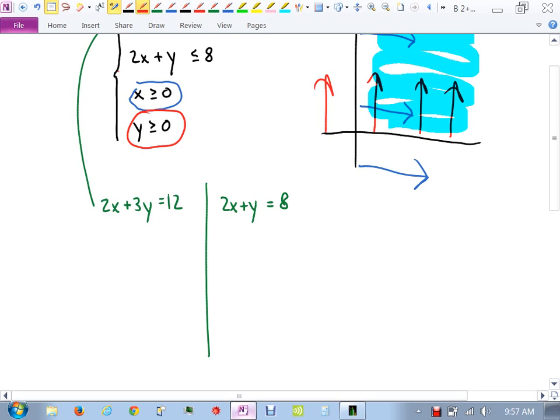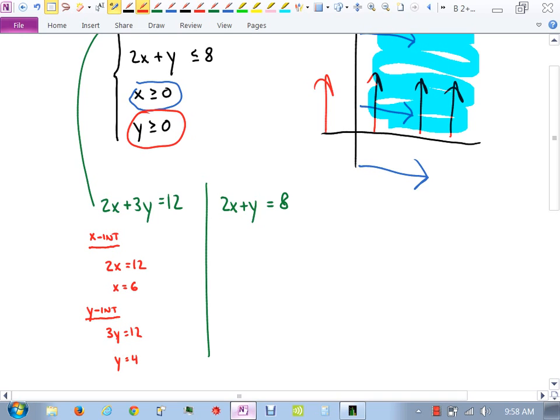How do you find the x-intercept for this line? Set y equal to 0. If I let y be 0 in that equation, I get 2x equals 12, which means x is 6. So I have an x-intercept of 6. How do you find the y-intercept? Let x be 0. I get 3y equals 12, which means y is 4.